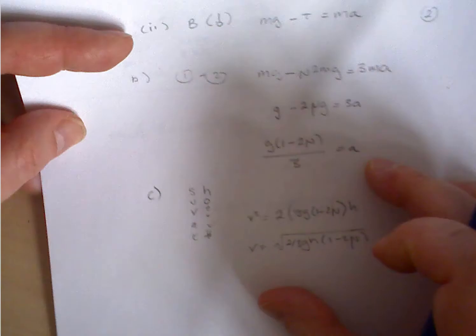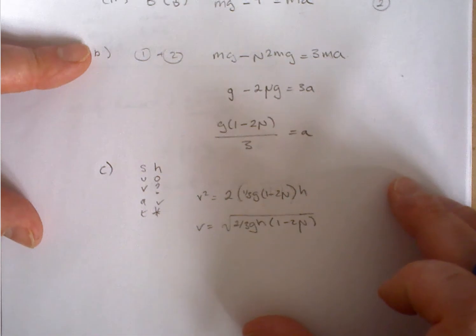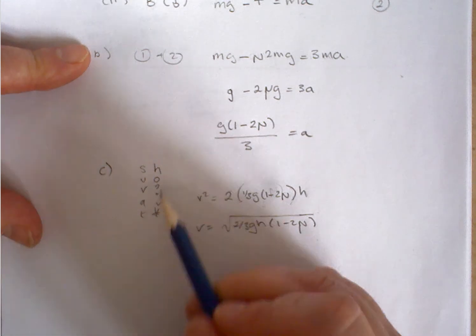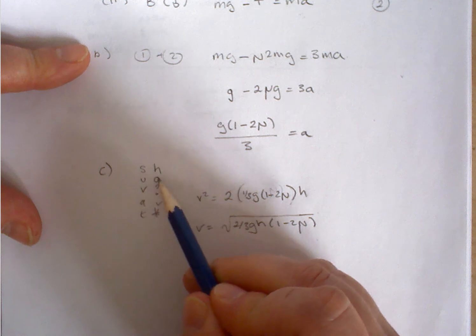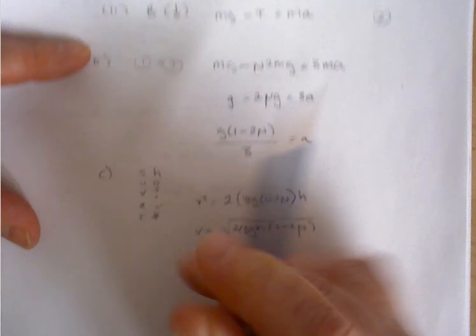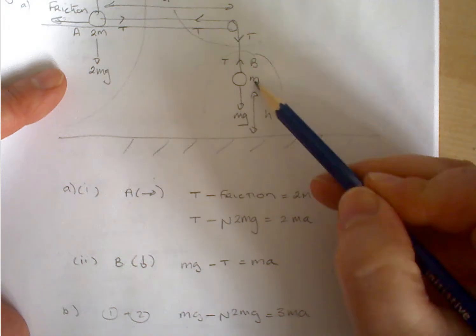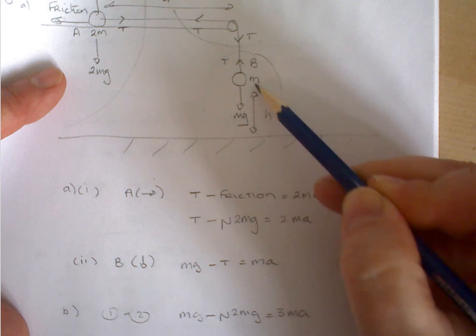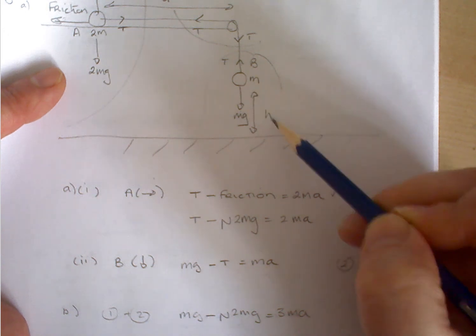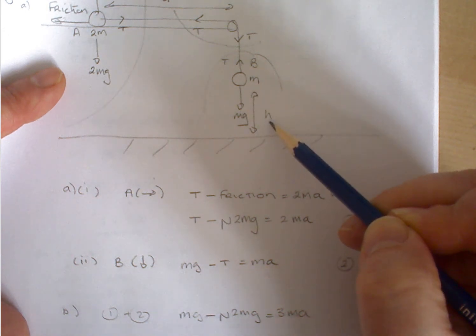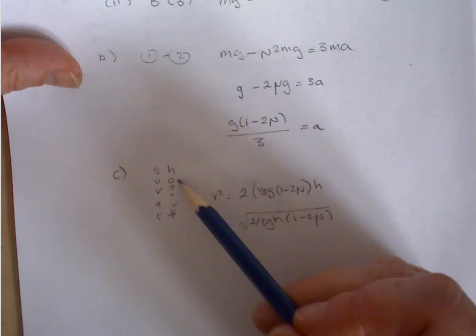So what I've done here is I've written SUVAT, and because they want it in terms of h, I'm pretending that I know what h is, so I've left that as h.